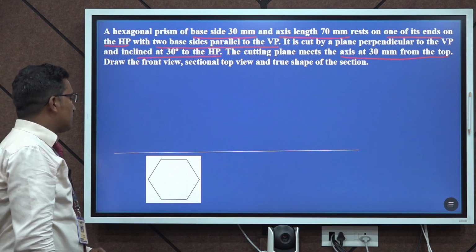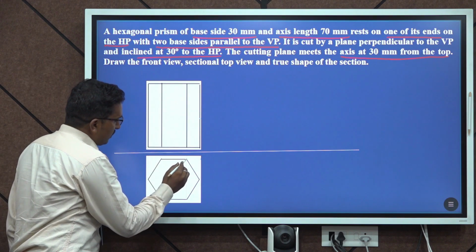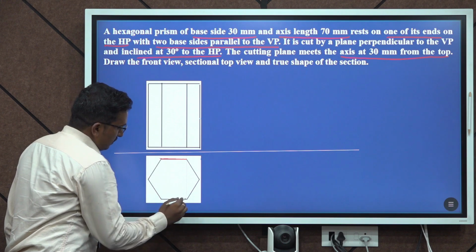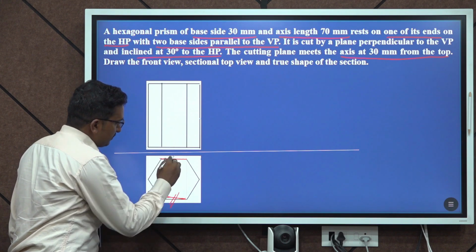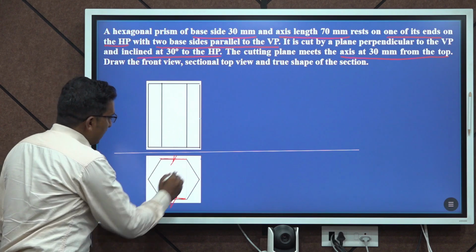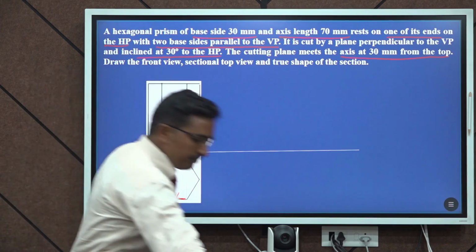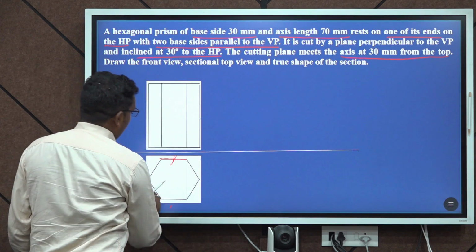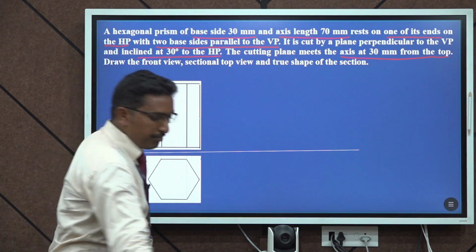So for that purpose, we have to draw the hexagon like this. Here you can see the two sides are parallel to the VP. So we have drawn the simple position.